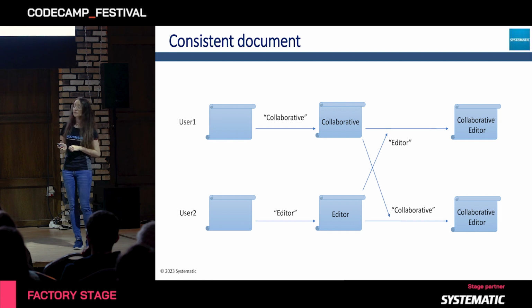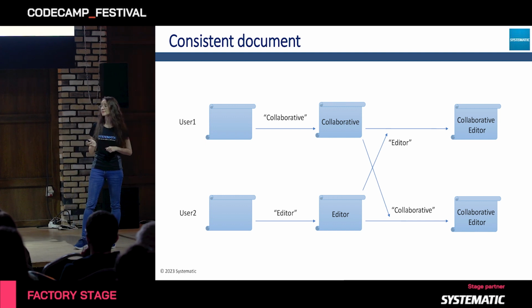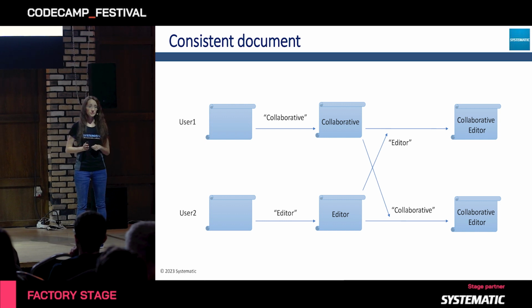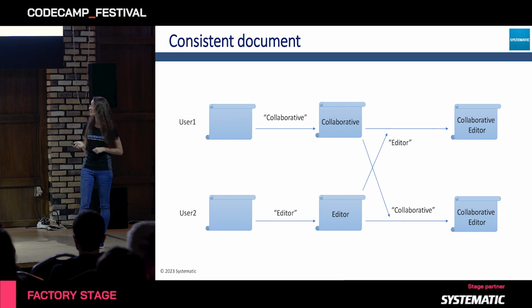So at the beginning, we have the same two users with an empty document. The first user starts typing "collaborative" in the text editor. In this case, the system must ensure the keyword "collaborative" appears in the document. This was the intent of the user, and this is what we want to reflect in our consistent document.